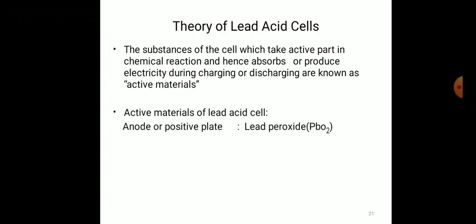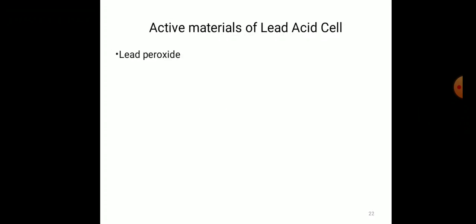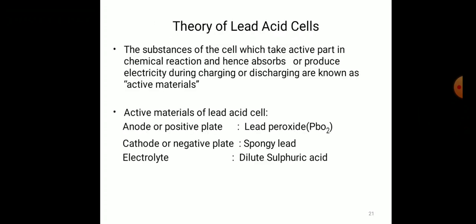Now we are going to discuss the lead acid cells. So what are the lead acid cells? You can see what the lead acid cell uses. The substances of the cell which take active part in the chemical reaction, and hence absorb or produce electricity during charging or discharging, are known as active materials.